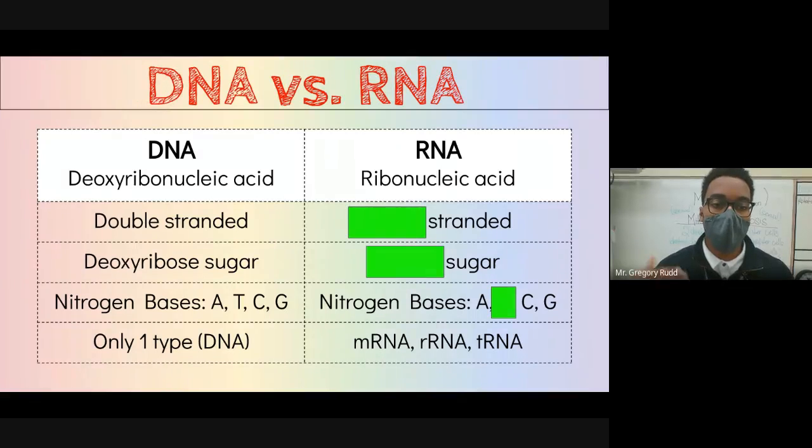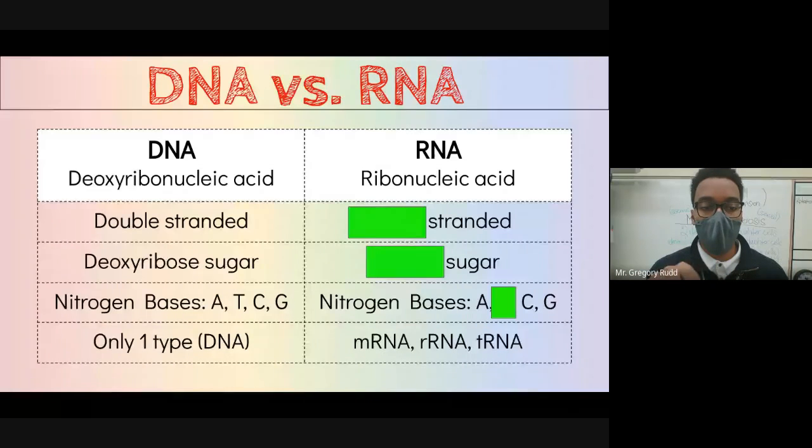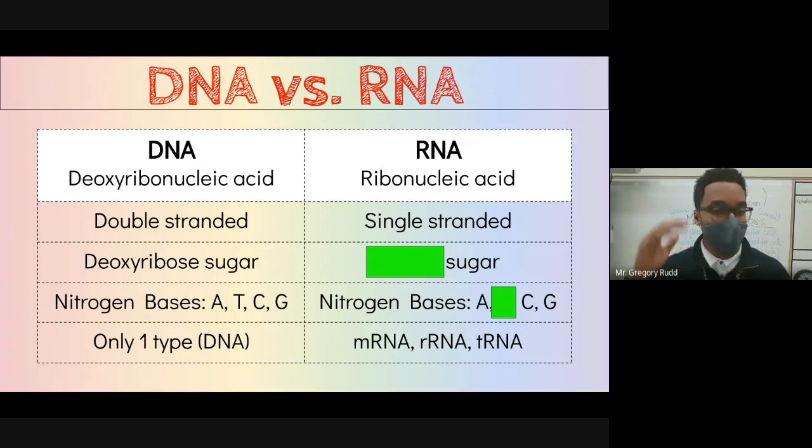So here's what I want you to write. DNA stands for deoxyribonucleic acid. That is a long word, but it includes some important information, including the fact that DNA is a nucleic acid. RNA, on the other hand, stands for ribonucleic acid. Jason correctly identified that DNA is double-stranded, whereas RNA is single-stranded.